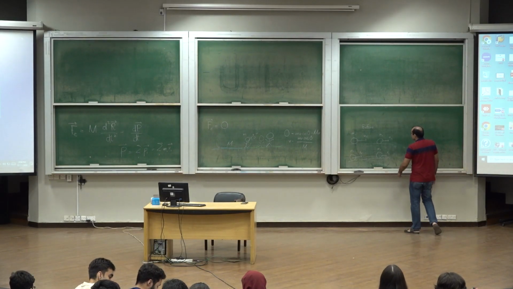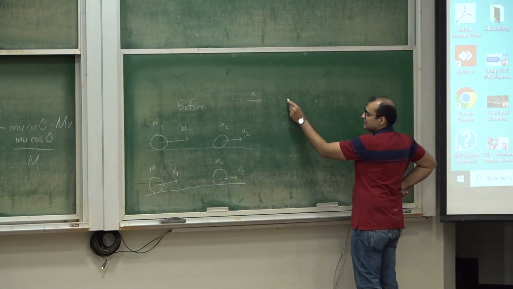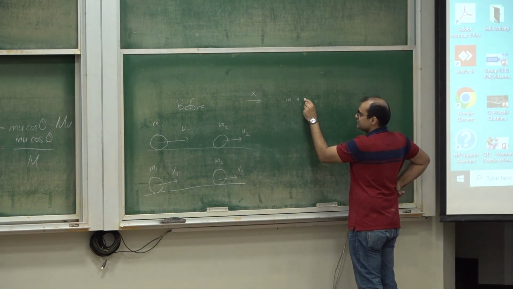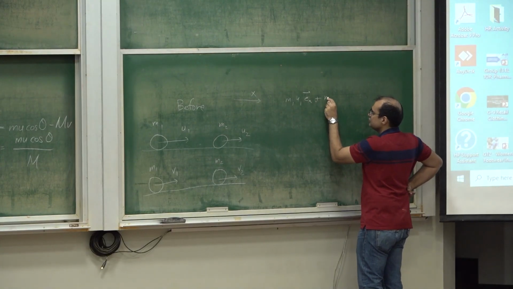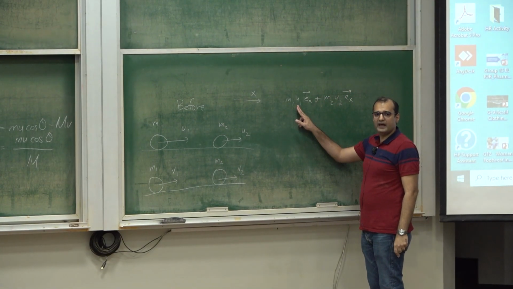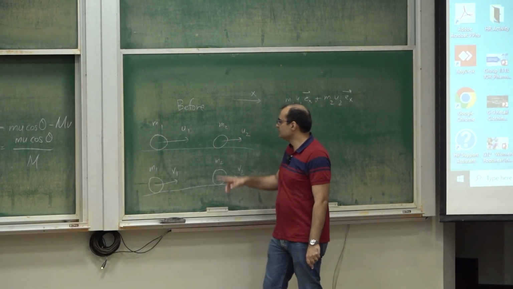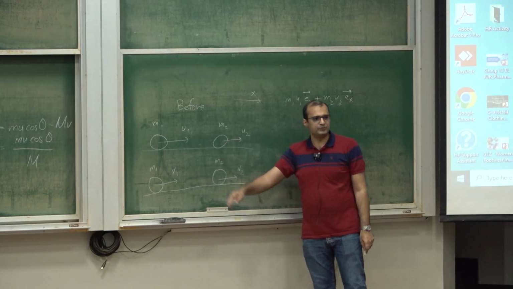If I consider the direction of this collision to be my x-axis, then I can write down that the momentum is simply m1 u1 ex plus m2 u2 ex. Notice that if u1 is negative, it just implies that this particle is moving to the left. If u2 is negative, that just means that this particle is moving to the left.